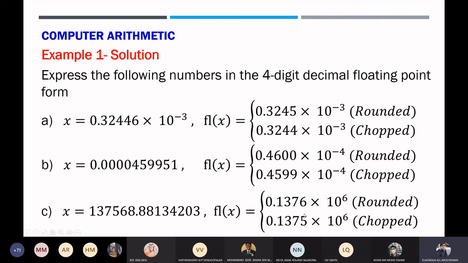Even though you can see it's a very minimal difference, remember this is numerical methods. Every number is very significant, so accuracy is important in numerical methods. I'm sure you are very clear on what chopping of numbers is, as well as rounding of numbers, and the differences.